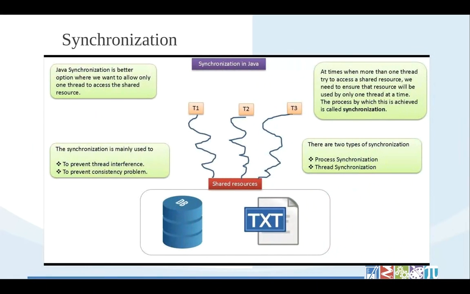Here, Java synchronization is a better option where we want to allow only one thread to access a shared resource. So, as I told you in the previous example, that is a stack. It has got an array, a character array, on which the push and the pop methods have to work. Here, push can be one thread and pop can be another thread.